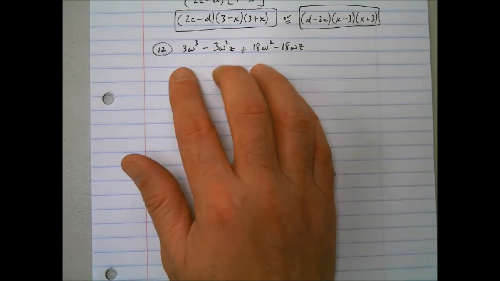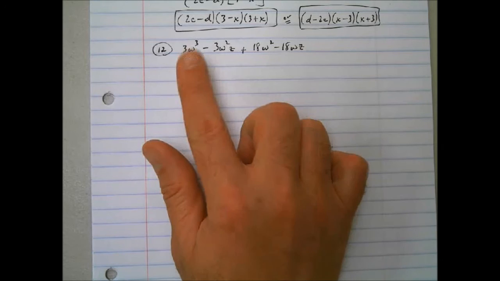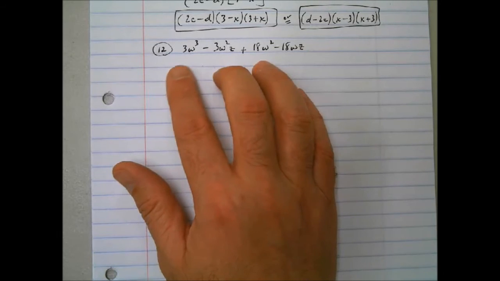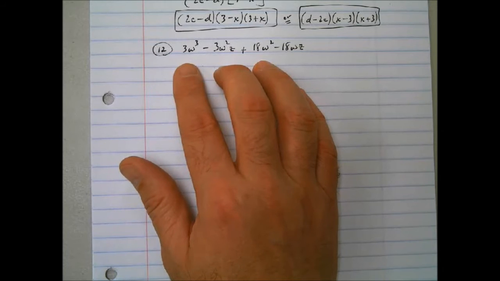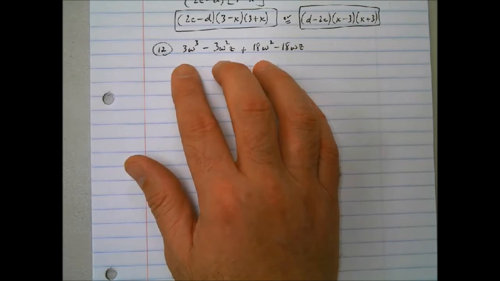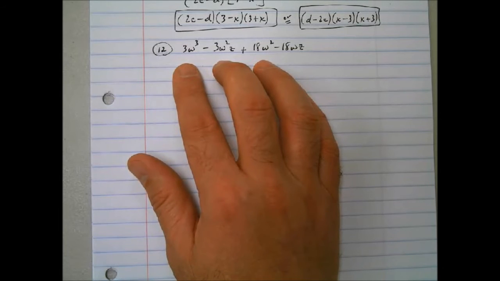If we look for a GCF first, there is actually a GCF of 3w, which is nice to do, but we will get that GCF as long as we finish the job. So it's understandable if you see 4 terms that you immediately do the grouping. We haven't done any grouping yet, so I'm going to do it by grouping. I'm going to go out of order and not do the GCF first.